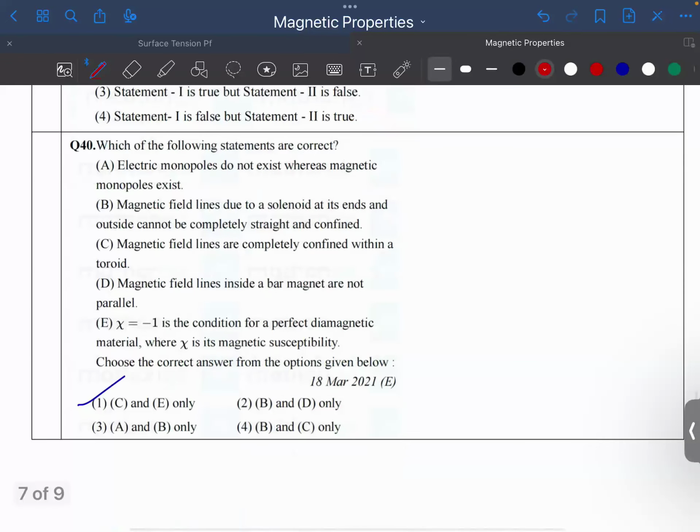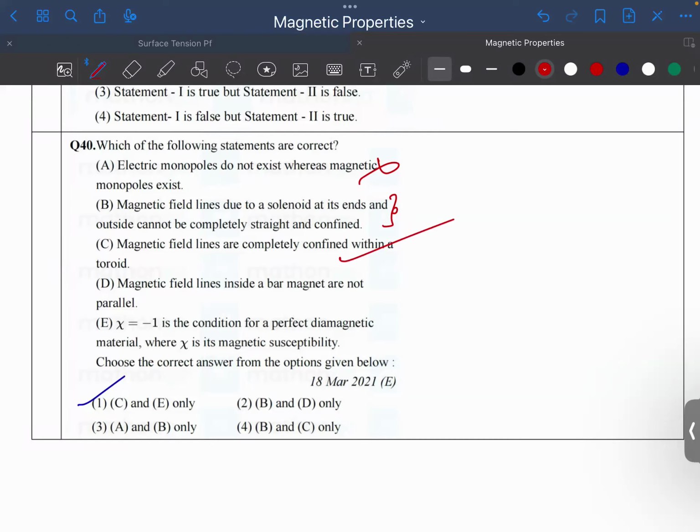This was asked in 2021, and the question was asked again in 2025. Electric monopoles do not exist, wrong. Magnetic field lines due to a solenoid at its ends and outside cannot be completely straight and confined. Magnetic field lines are completely confined within a toroid.